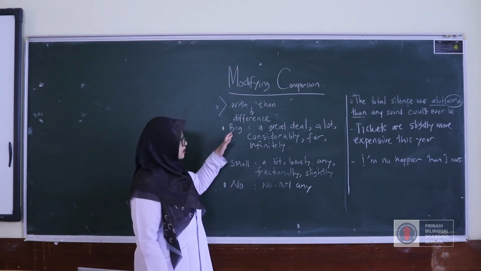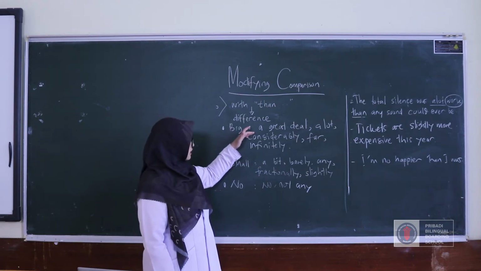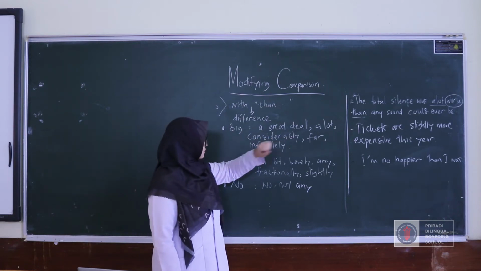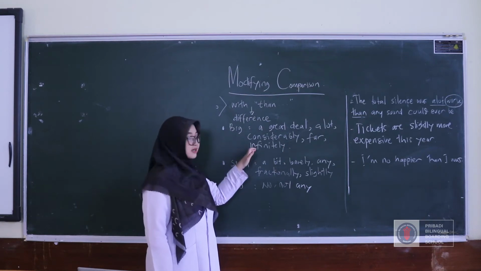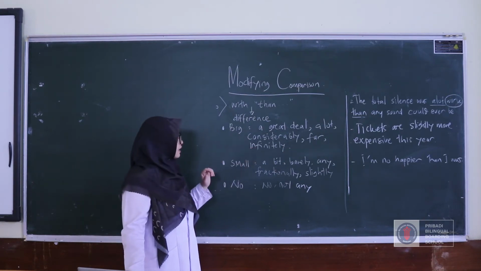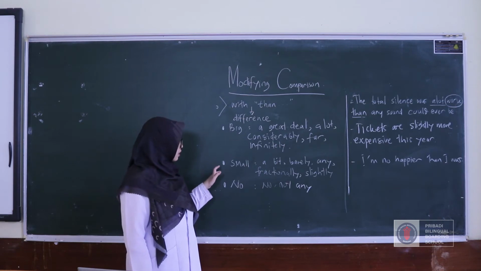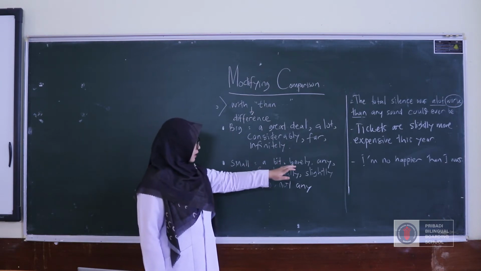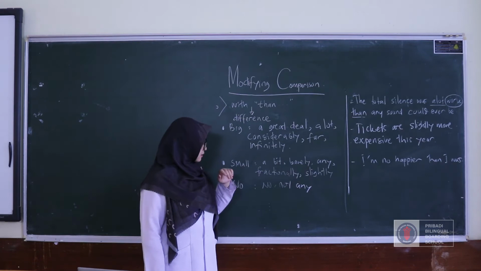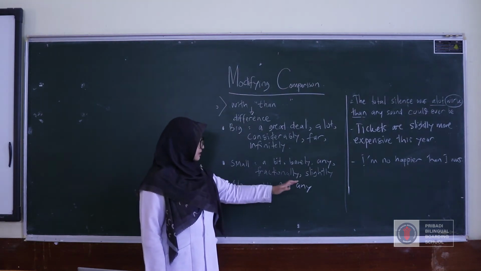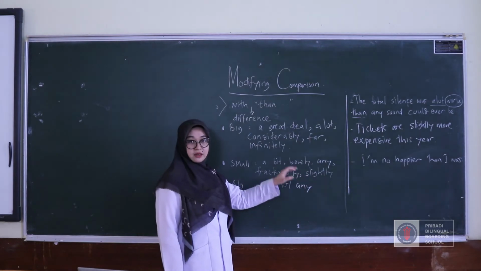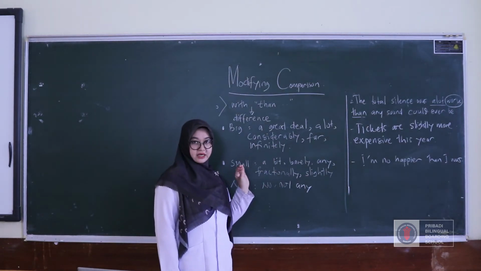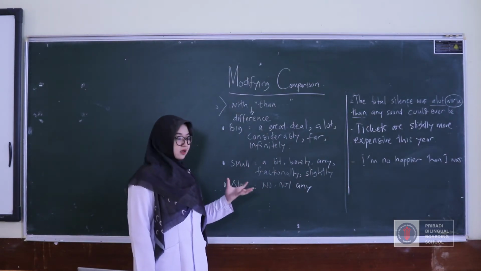In the big difference, we have a great deal, a lot, considerably, far, infinitely. And then for small we have a bit, barely, any, fractionally, and slightly. The last one is the most common word that we use in modifying the comparison.